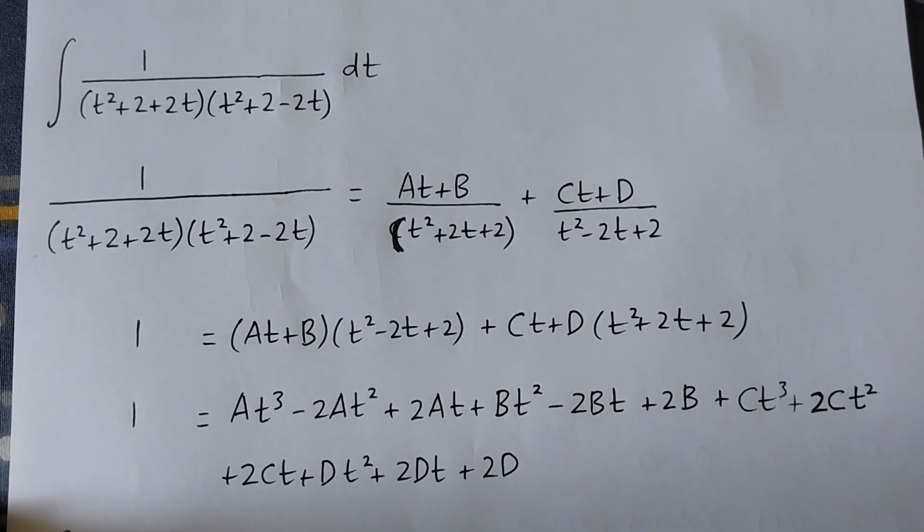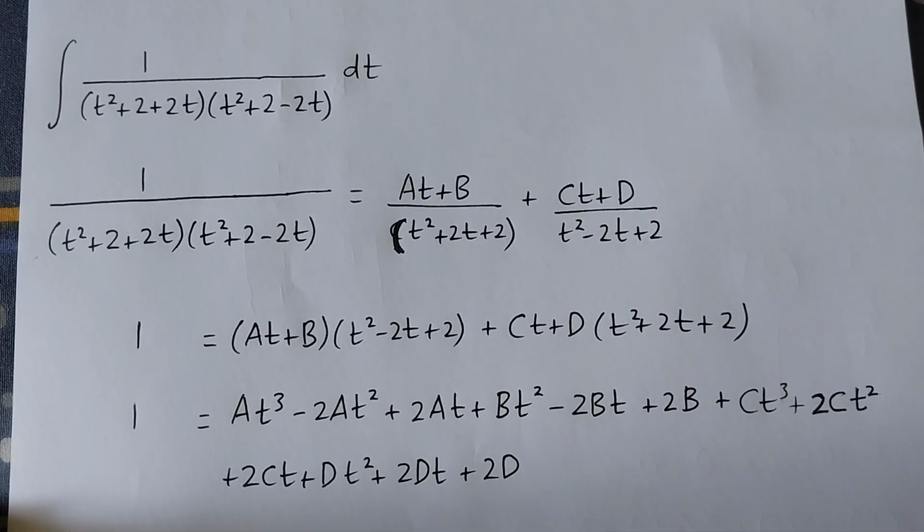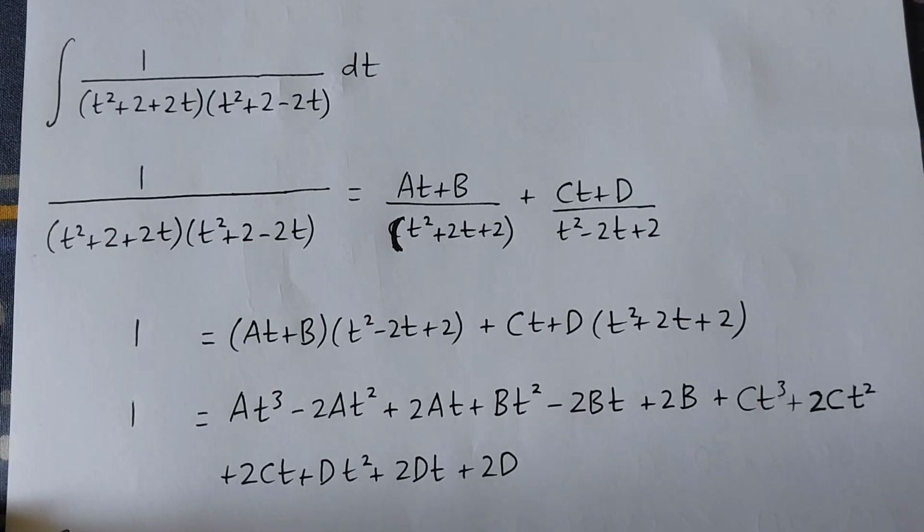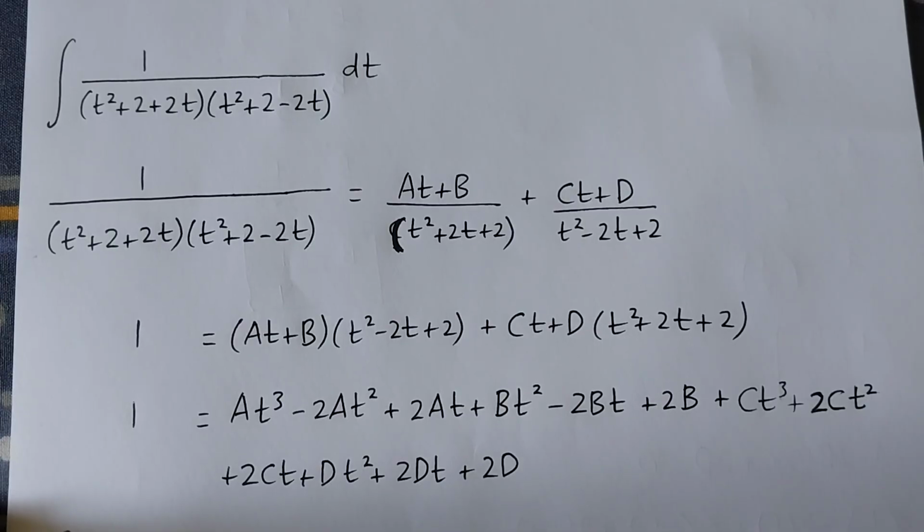So we now need to find the values of a, b, c and d. For that we just multiply with (t squared plus 2 plus 2t) into (t squared plus 2 minus 2t) on both sides, because that is the LCM. So this equation will become 1 is equal to (at plus b) into (t squared minus 2t plus 2) plus (ct plus d) into (t squared plus 2t plus 2).